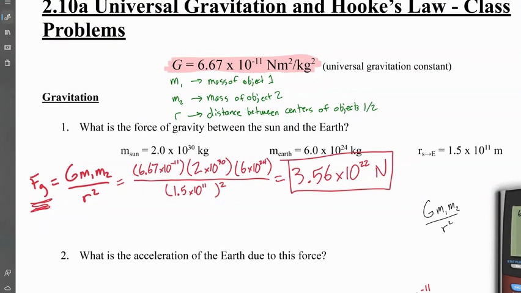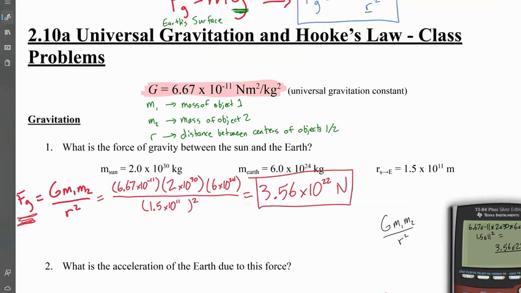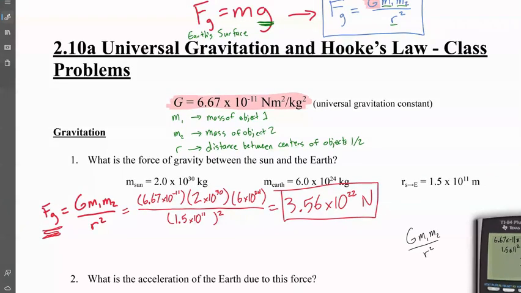That is a whole heck of a lot of force. My gosh. But I suppose it does have to make the Earth quite literally go round, so it does have to be a lot of force. Okay. As a quick note, that's not just the force of gravity that the sun exerts on the Earth.